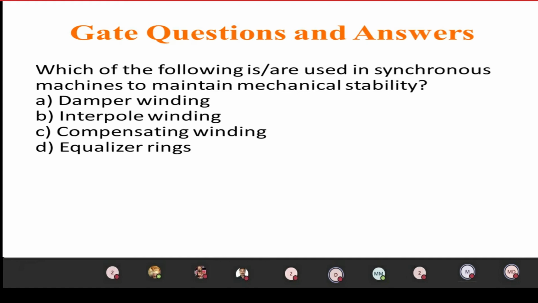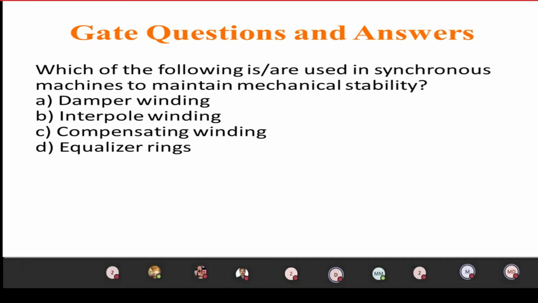Which of the following is used in a synchronous machine to maintain mechanical stability? Damper winding, interpole winding, compensating winding, equalizer ring.